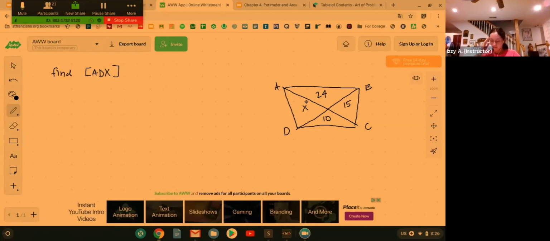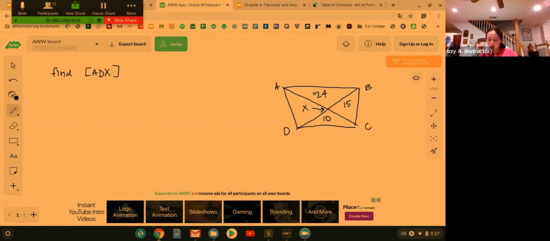So since triangle ABX, sorry, AB, okay, X is supposed to be right there, so that's going to make it clear.